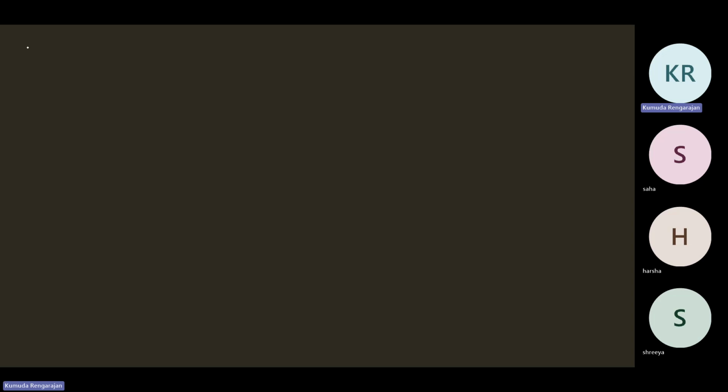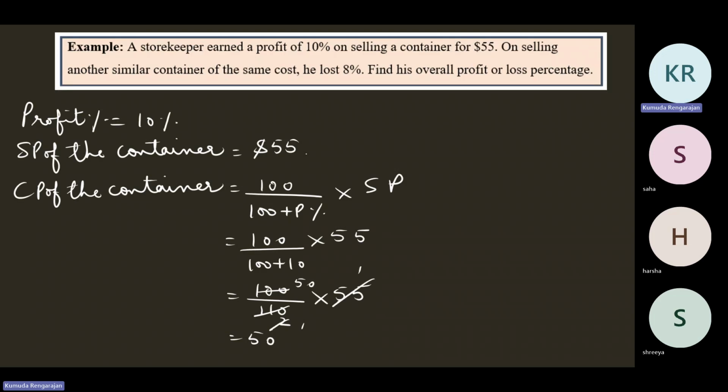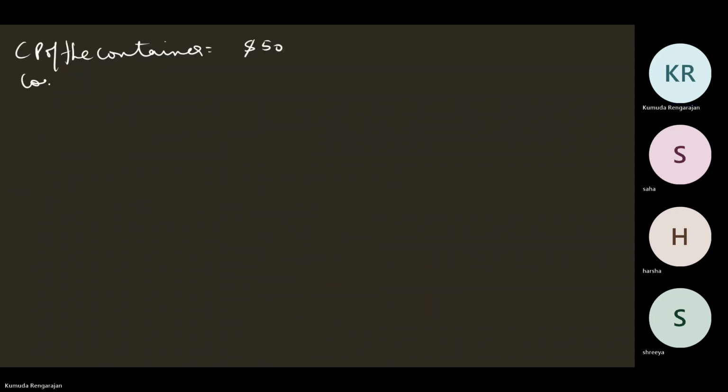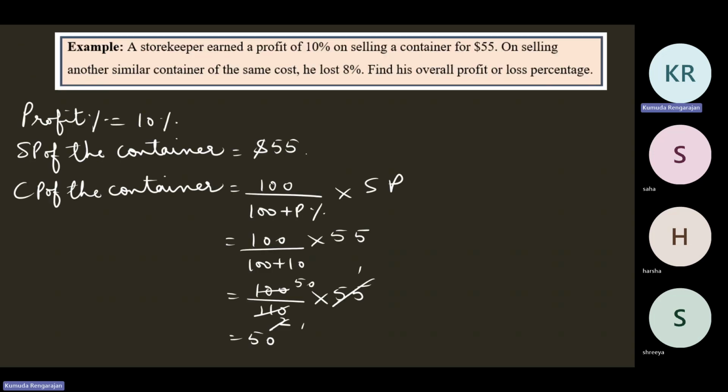So now there's another situation. CP of the container is $50, and the loss is 8%. So what is the SP? This is for another container. One container is sold for $55 at a profit of 10%.